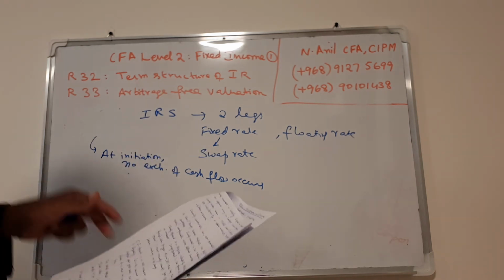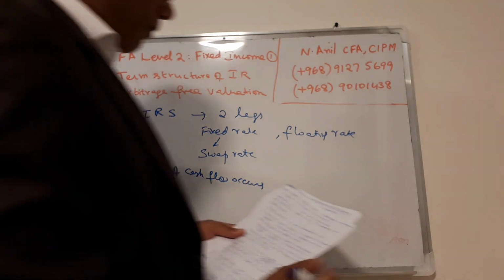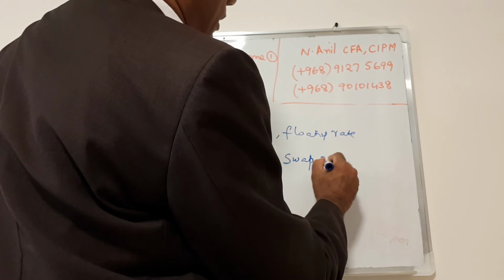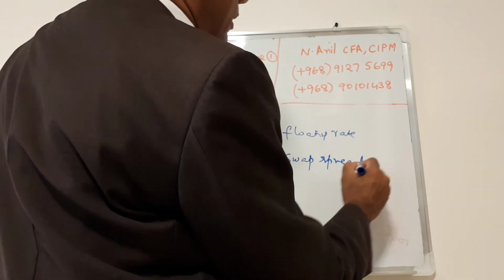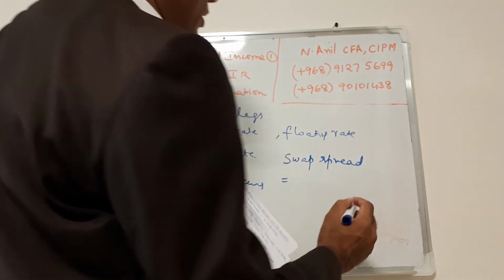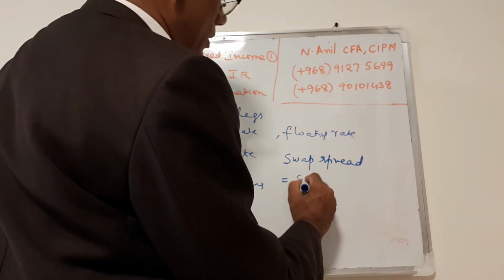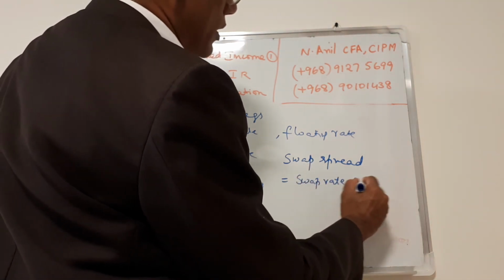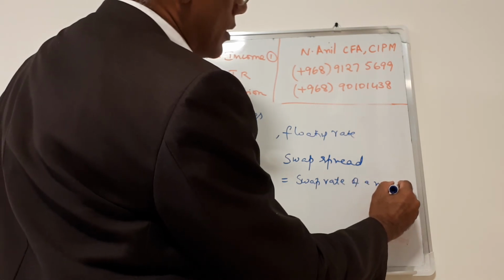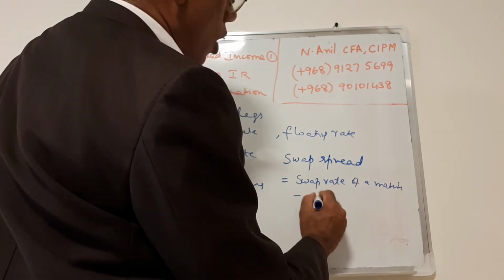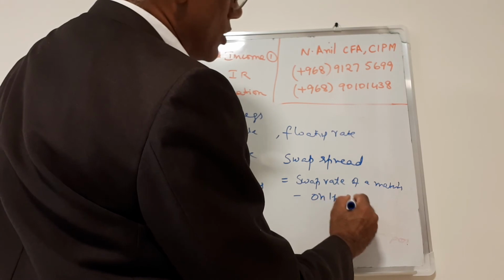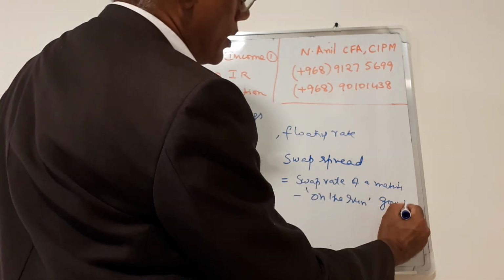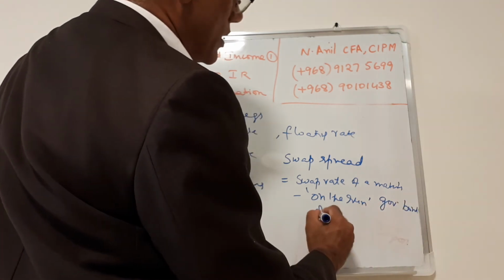Now the swap spread is very important. It is the difference between the swap rate, that is the fixed rate leg of a maturity, versus the on the run, that is the latest issued, government bond of the same maturity.